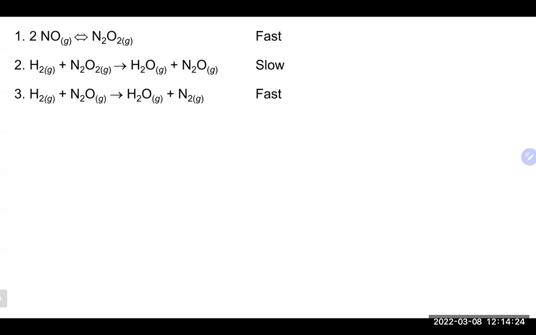So our rate law for our second step that we wrote is the rate is equal to K H2 and N2O2. So the goal here is to really substitute out the N2O2. And the only other step where we actually do see N2O2 is which step? It's the very first step, right? That's the only other one where we actually see it.